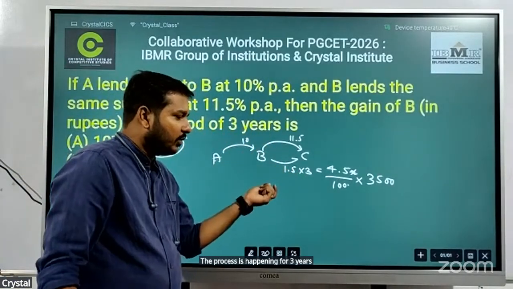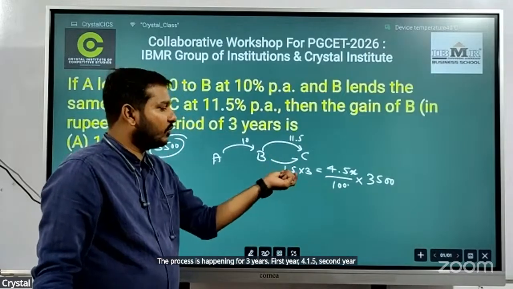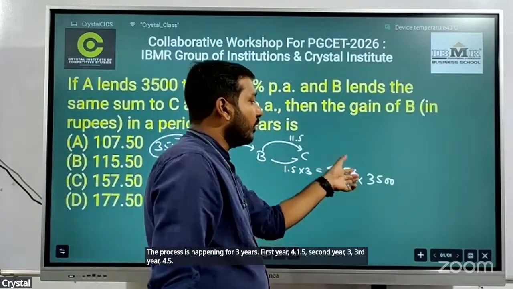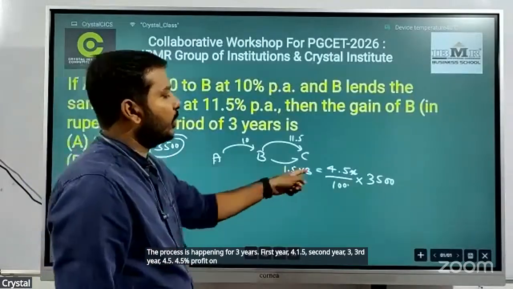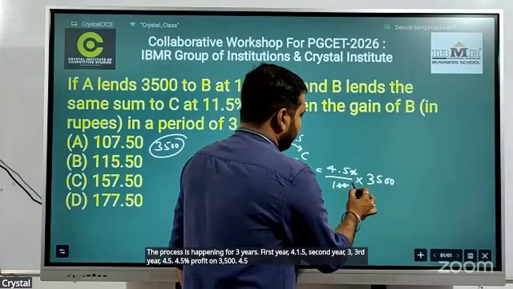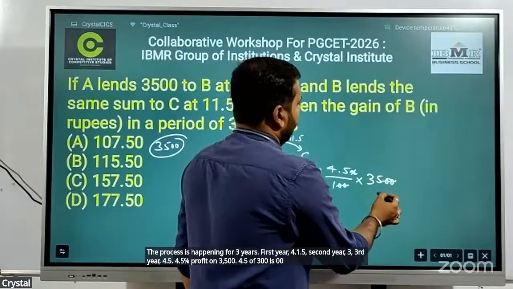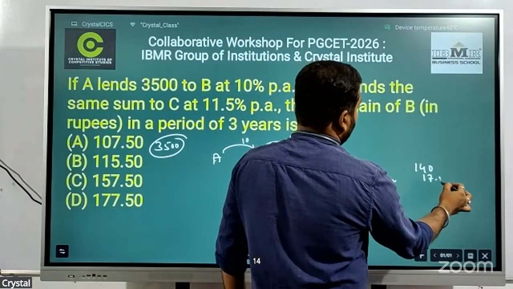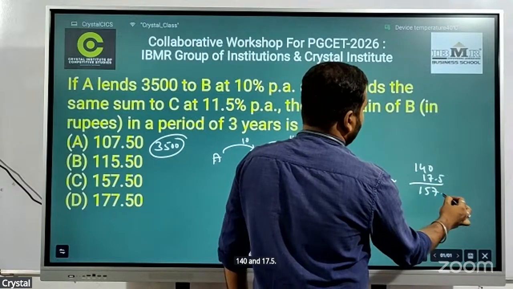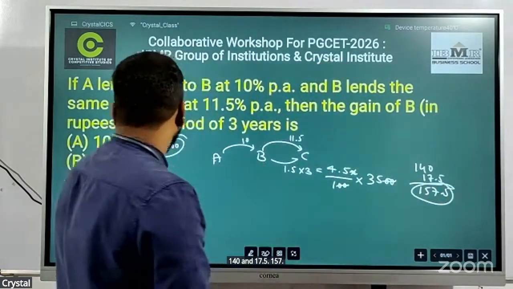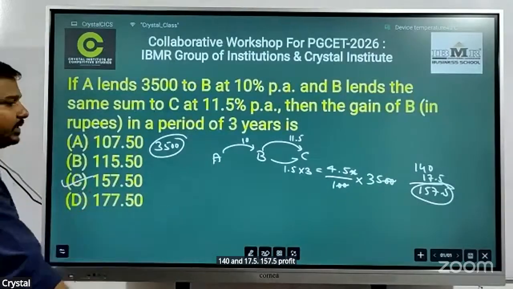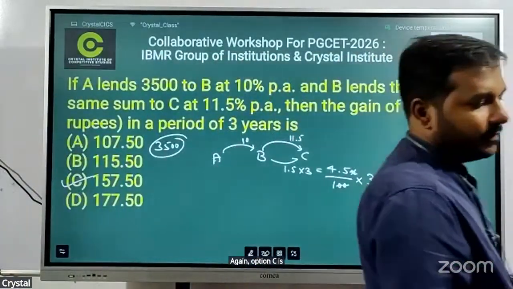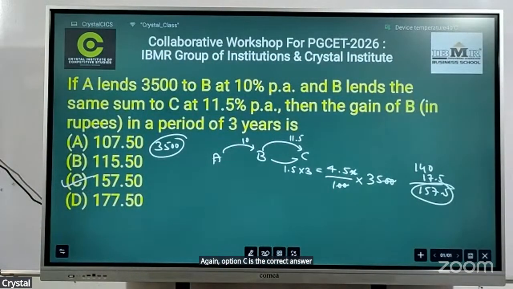First year 1.5, second year 3, third year 4.5. 4.5% profit on 3,500. Double zeros get cancelled. 4 into 35 is 140 and 17.5. 157.5 profit he gets. Option C is the correct answer. 157.5 rupees profit he had.